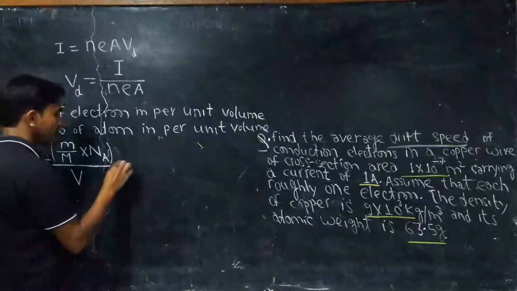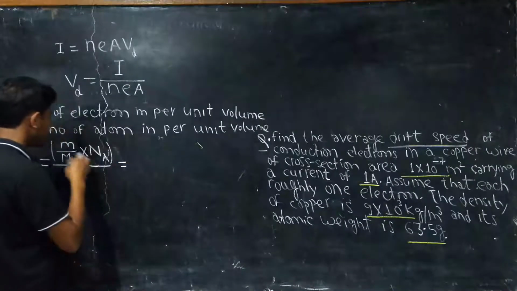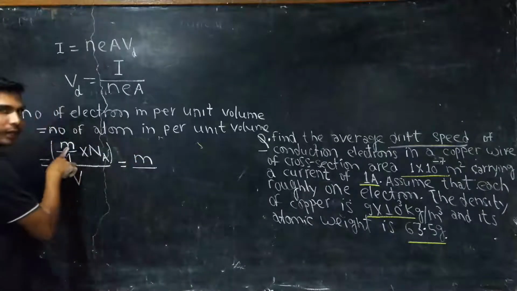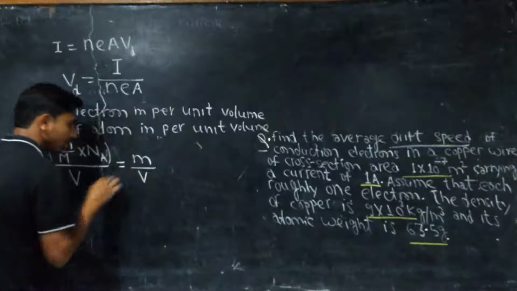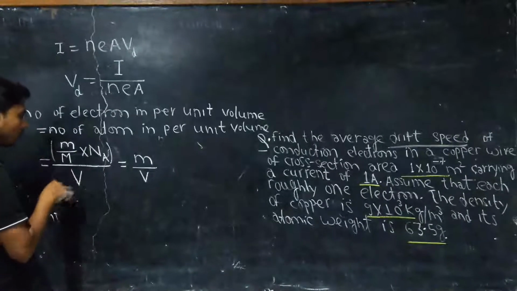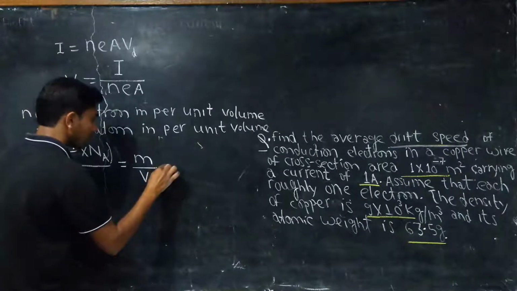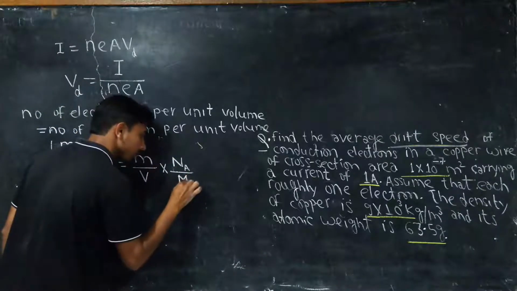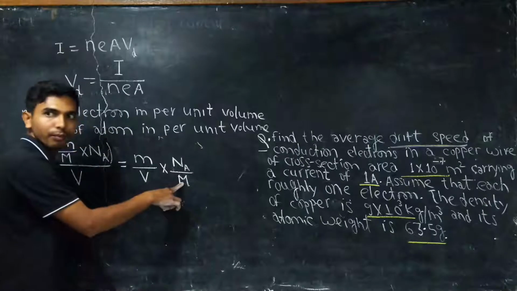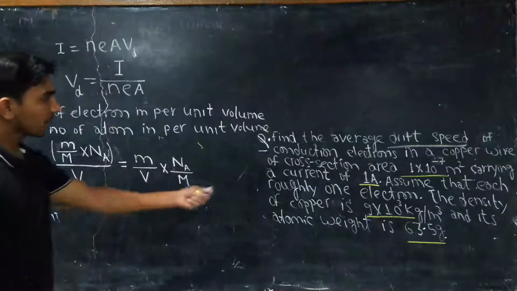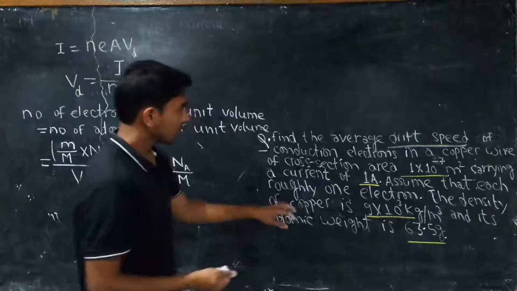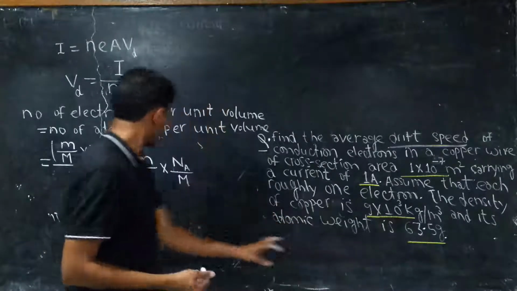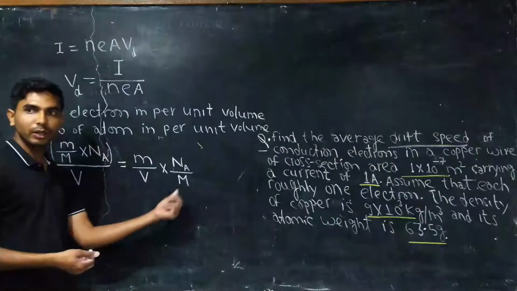So now further you see, I am going to do something, okay? See here, this is your mass. Mass by volume we can write like this. Then what value you have? You have Na by M. This M is the molecular or atomic weight of copper, right?